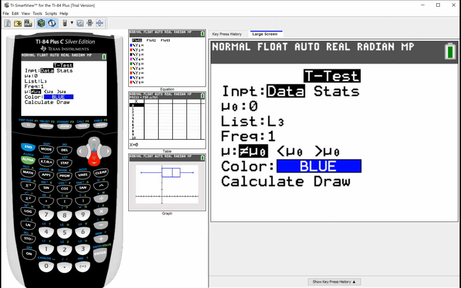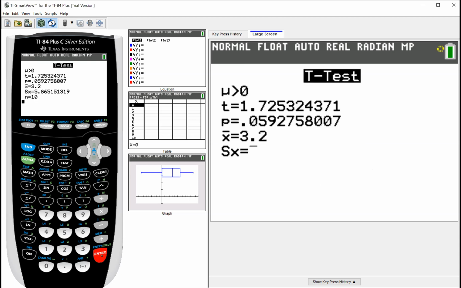And our alternative hypothesis was that that mean difference is greater than 0. So we need to use that greater than sign to match our alternative hypothesis. And then I can hit calculate. And sure enough, the test statistic and the p-value that the calculator gave me, that matches what I calculated. So it looks like our answer is correct, and we're done.